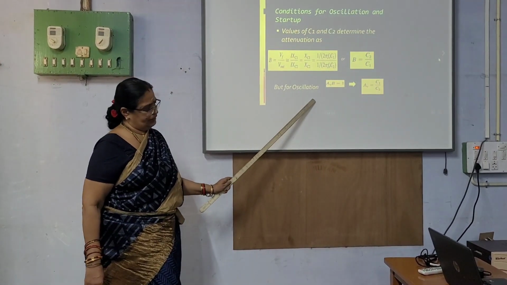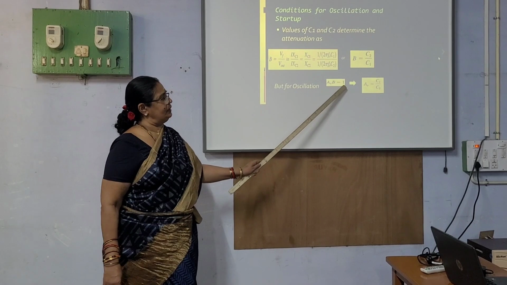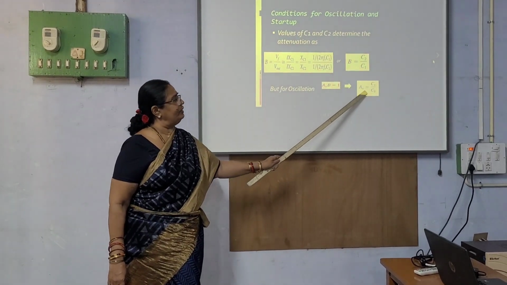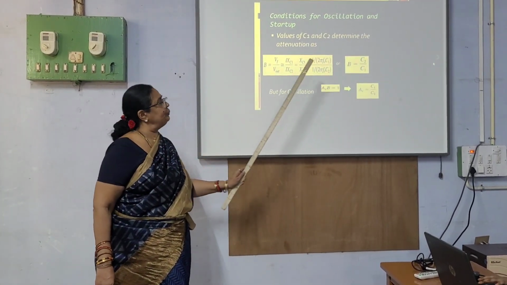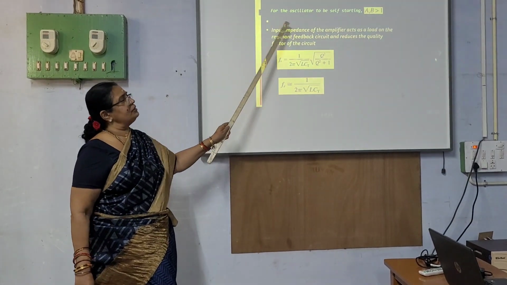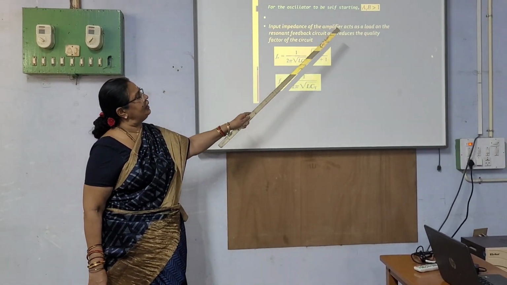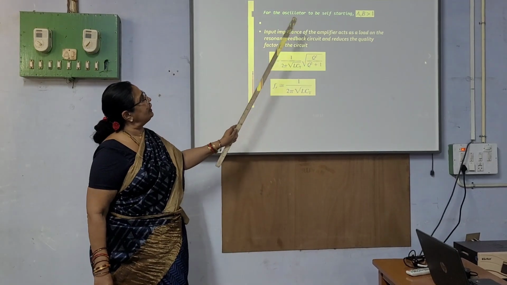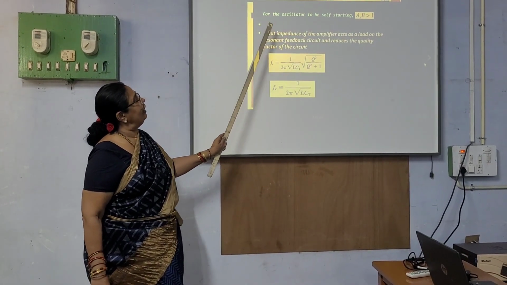But for oscillations, A beta is equal to 1, that is A is equal to C1 by C2. For the oscillations to be self-starting, A beta is greater than 1.